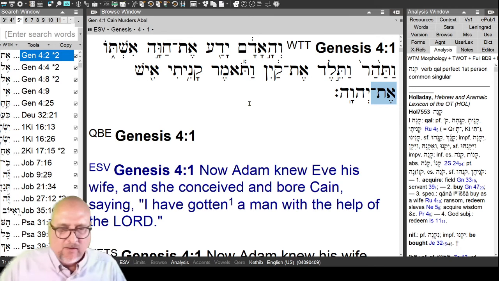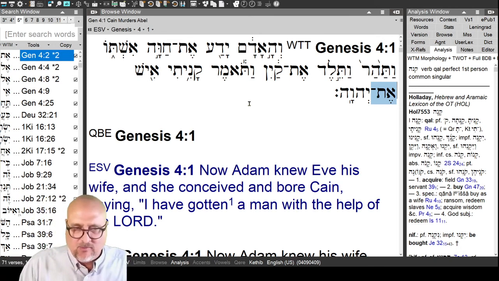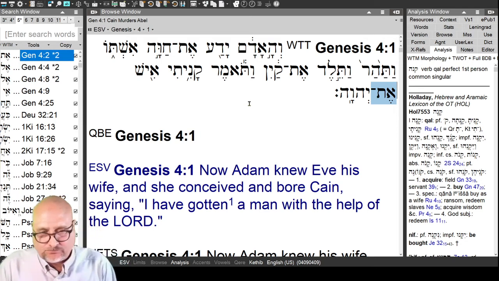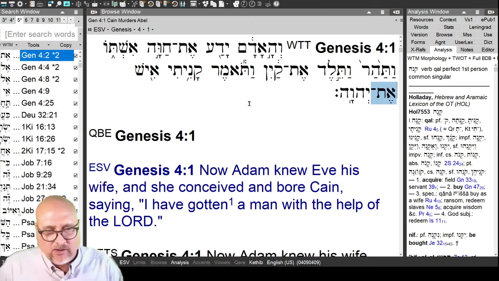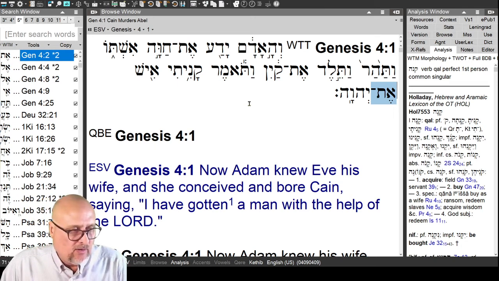I'm the one gifted. And can you imagine if you were the brother and every time somebody called your name you heard worthless, emptiness, vanity, nobody? But you come with the offering that God had shown your parents to bring, and God accepts you. And not only does God accept you, you're called righteous.